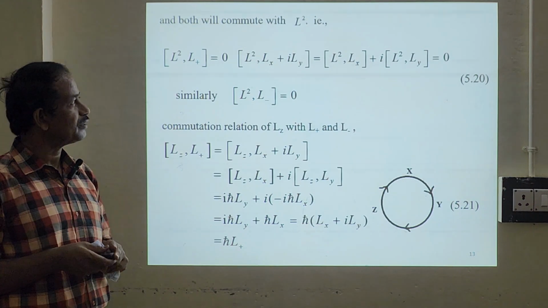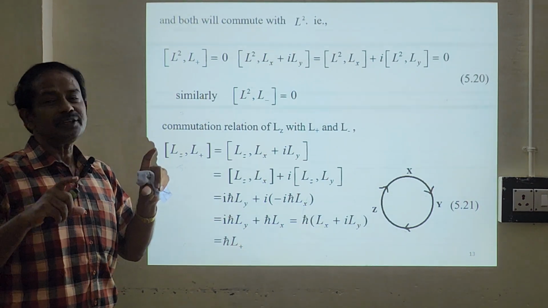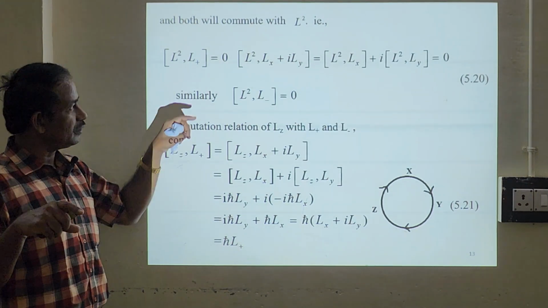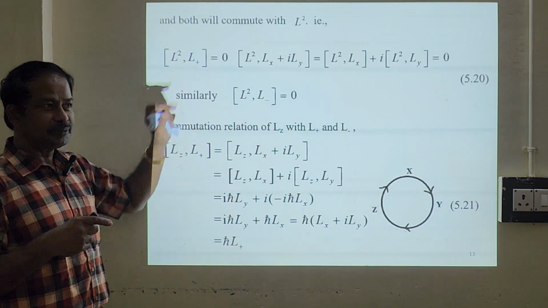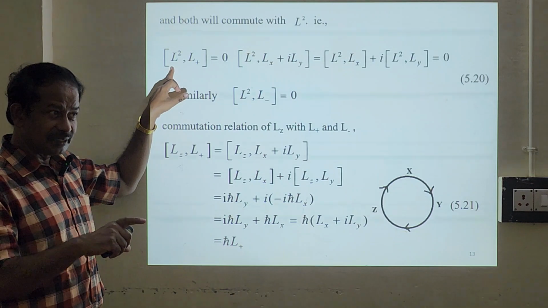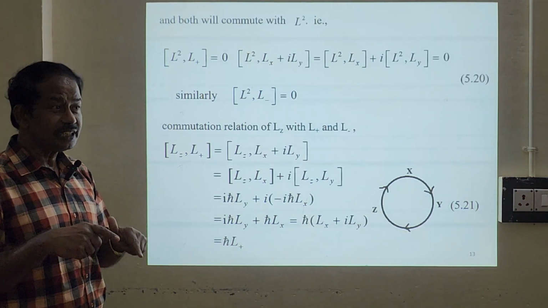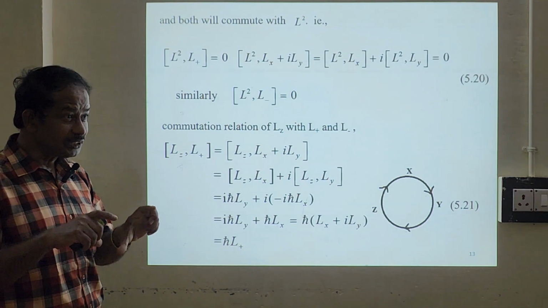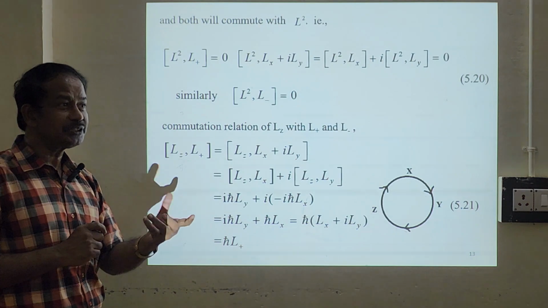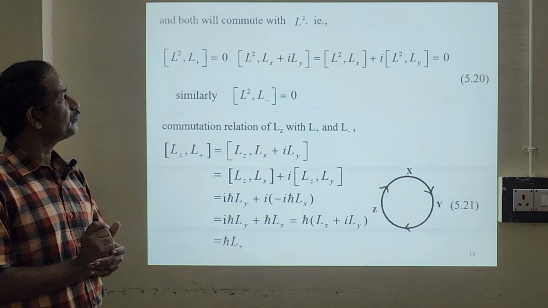Now, a very important thing is whether L squared and L plus commute with each other or not. If the commutator of L squared and L plus is 0, it implies they can be measured simultaneously, at the same time.